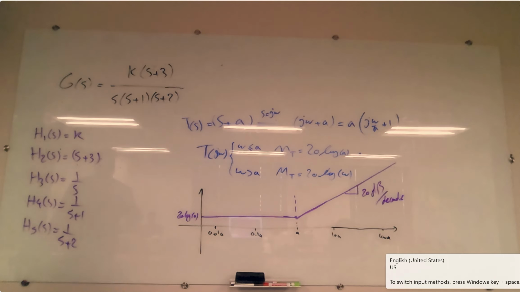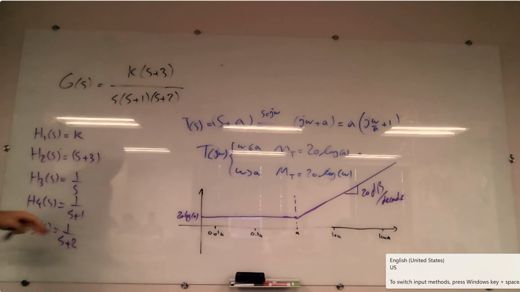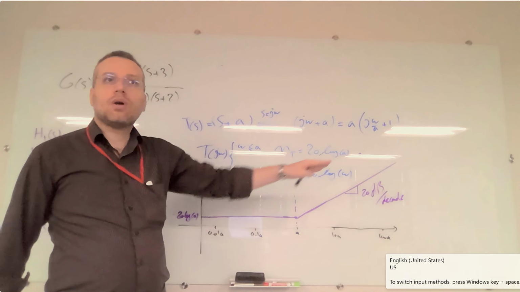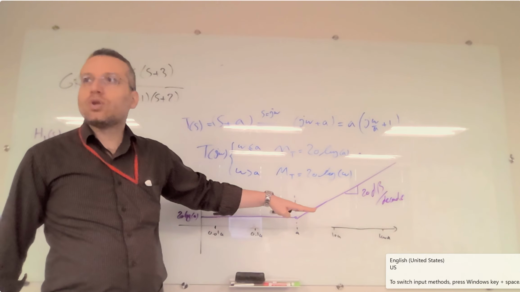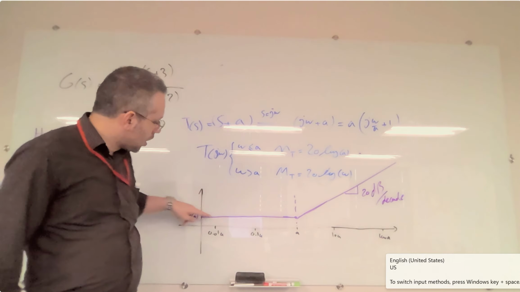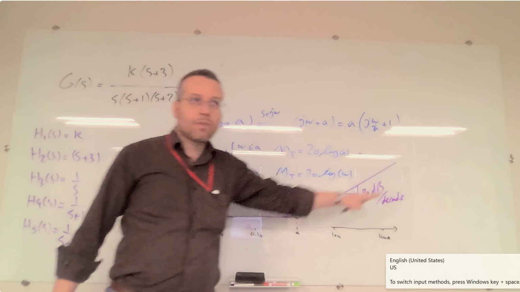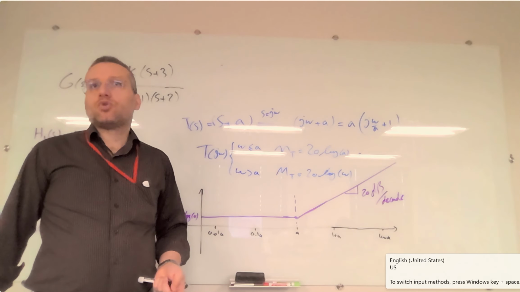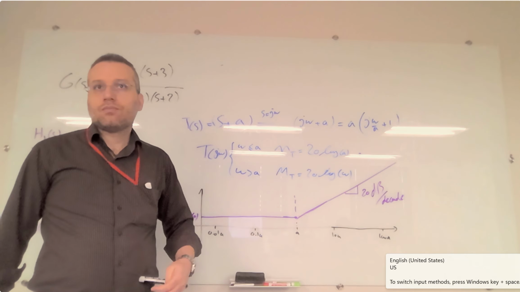Those lines that we used would not exactly match the real Bode plot. You can plot that with MATLAB and see that it is not exactly like this, but it's very close. It's a good approximation. The lines that we have here we call asymptote lines in a Bode plot.